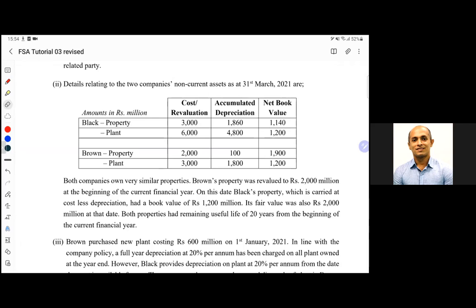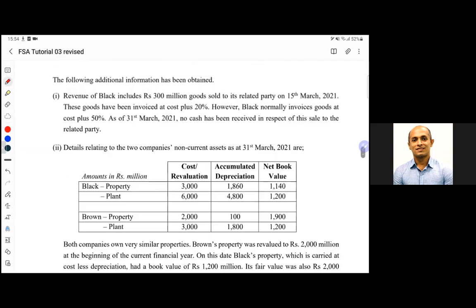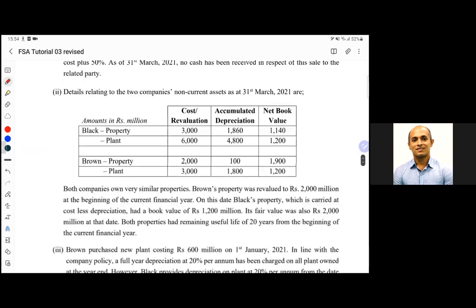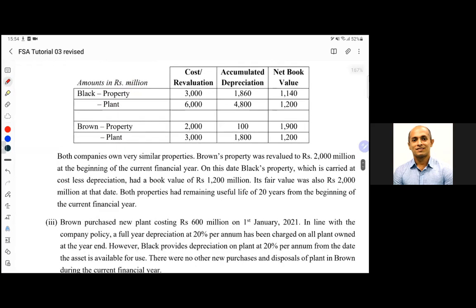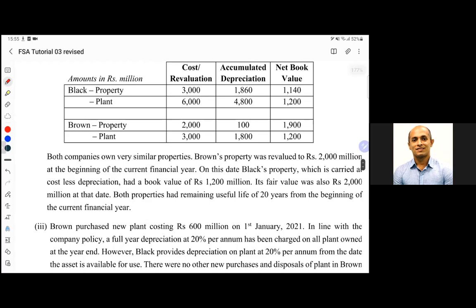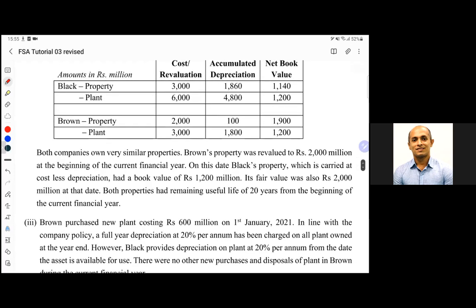You see the two companies, Black and Brown, have similar non-current assets. Both have property, plant and equipment. Both companies own very similar properties.